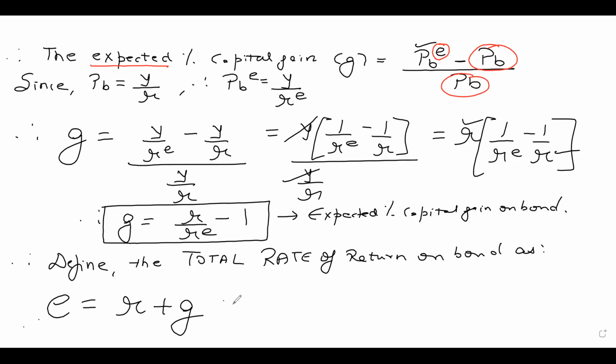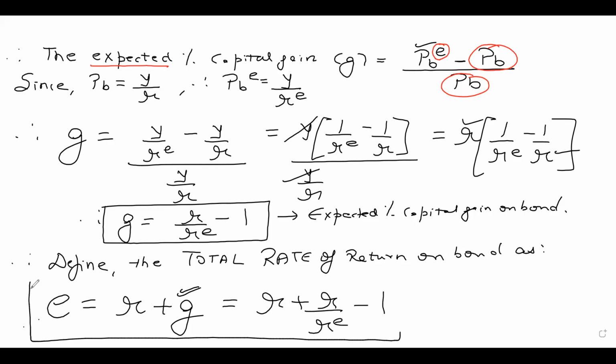So E is equal to R plus G. What is R, guys? R is itself plus what is G? R upon RE minus 1. This is nothing but my total rate of return on the bond, which was calculated in the previous lecture also. I just took it up for revision in this lecture.